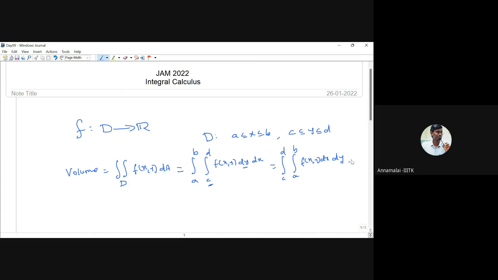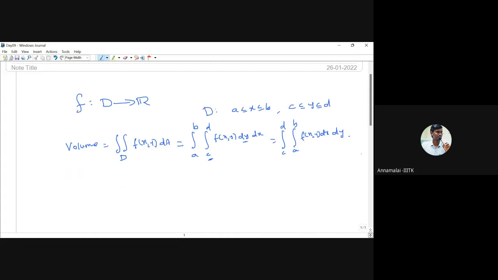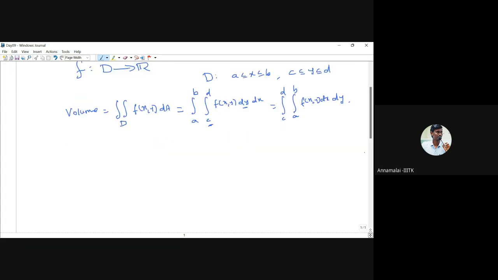So the function is defined on a bounded rectangle, so it's an exact rectangle. Suppose it's not a rectangle, but some other shape, and we know how to define the double integral, right? Suppose one variable is bounded. Suppose x is bounded by a and b, but y depends on a function of x, maybe g1 of x to g2 of x, where g1 and g2 are continuous functions on the interval a comma b.